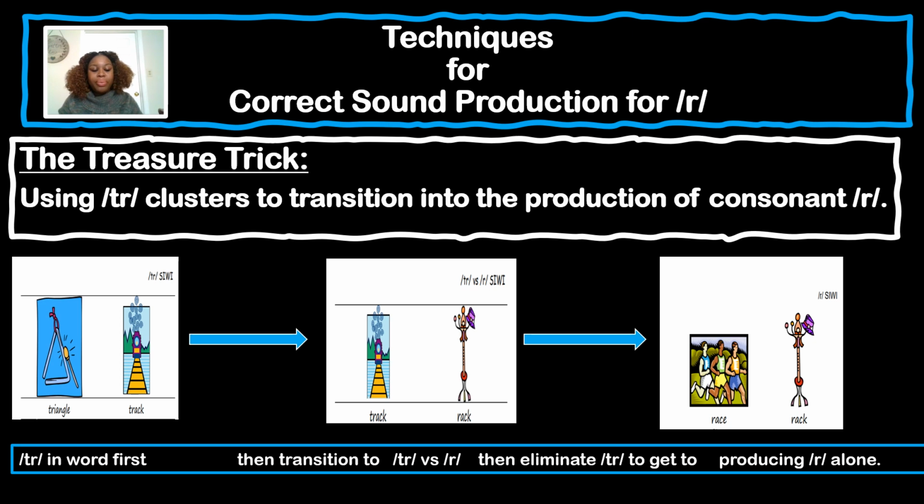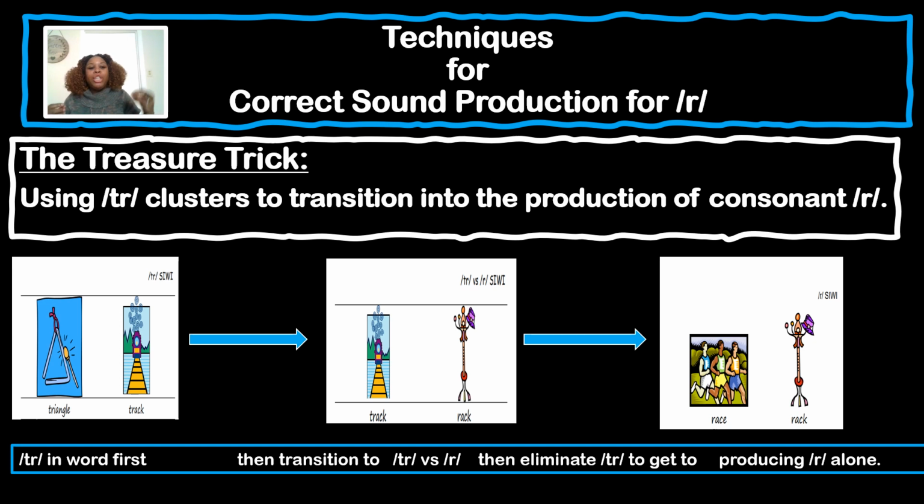Okay? So you introduce the child to words like triangle, track, tree, train, which is what we see in this first picture here. You just get them used to making the TR sound. I don't really understand why they call it TR, because phonetically the TR to me sounds almost like a CH and an R together.